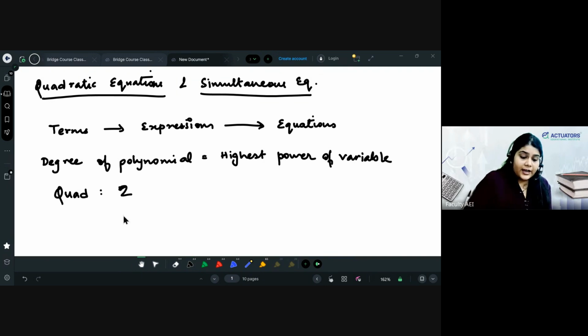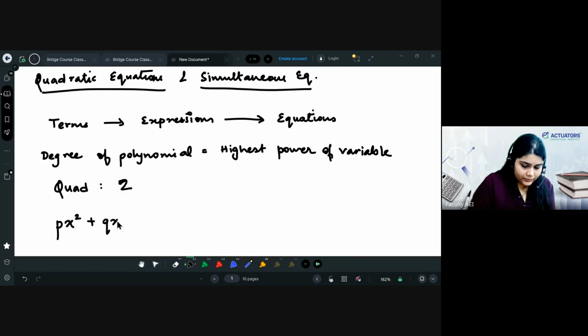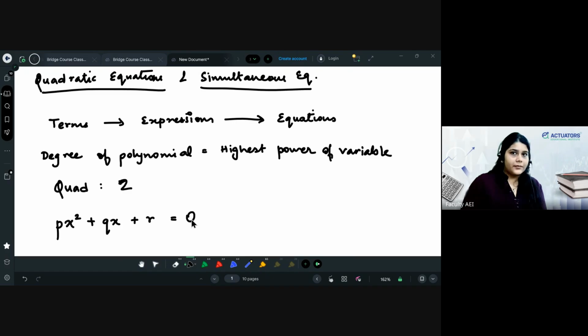Now, what are quadratic equations in that case? Quadratic equations are equations that are in the nature of this form. Okay. This is a quadratic equation.